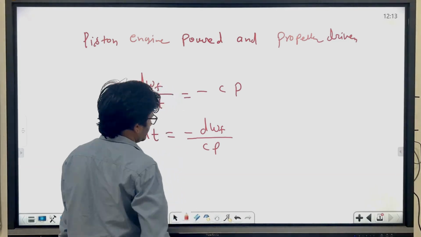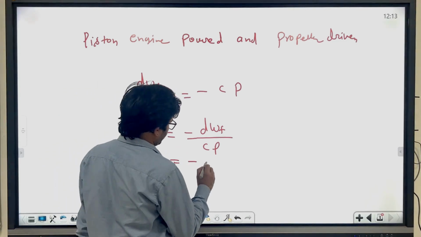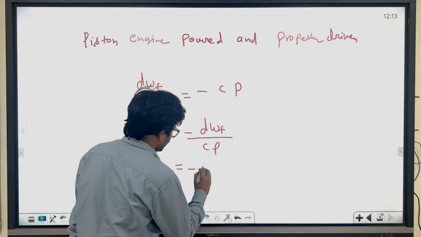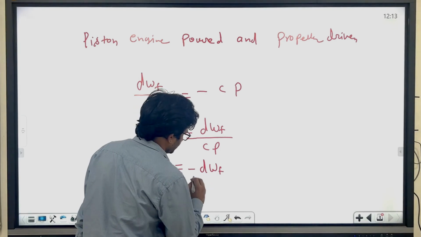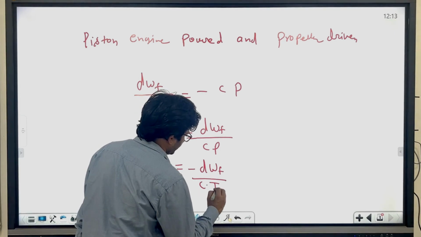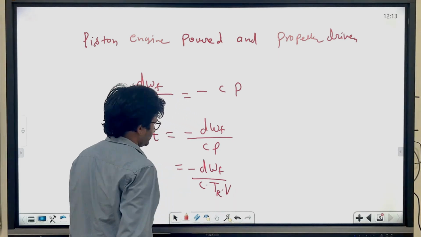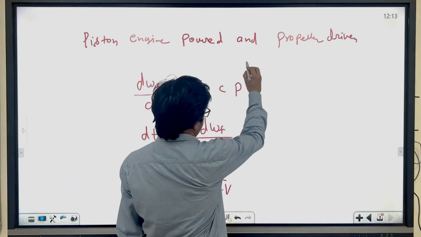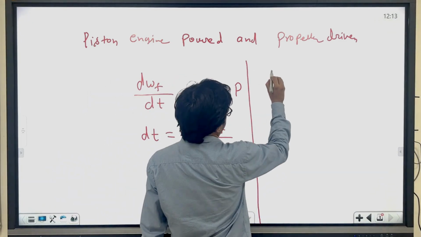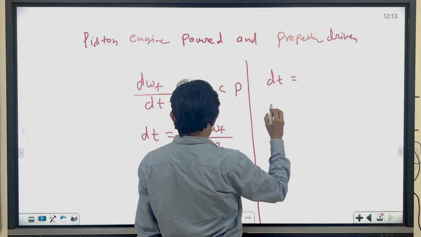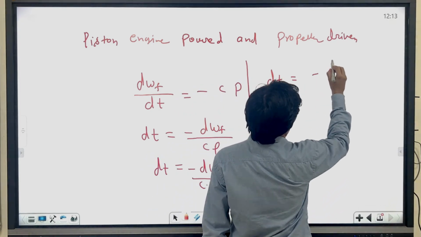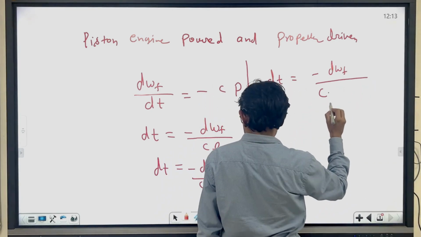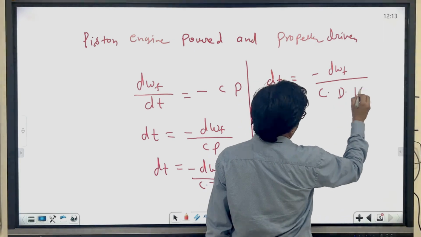Okay, so now we will again rearrange this equation, and we can write dWf equals C into P. And what is power required? Power required is again thrust required into velocity. And this thrust required you can further rewrite as drag into velocity.